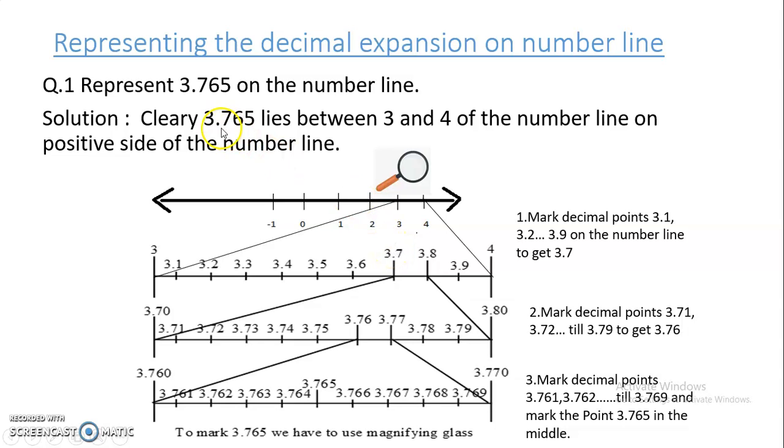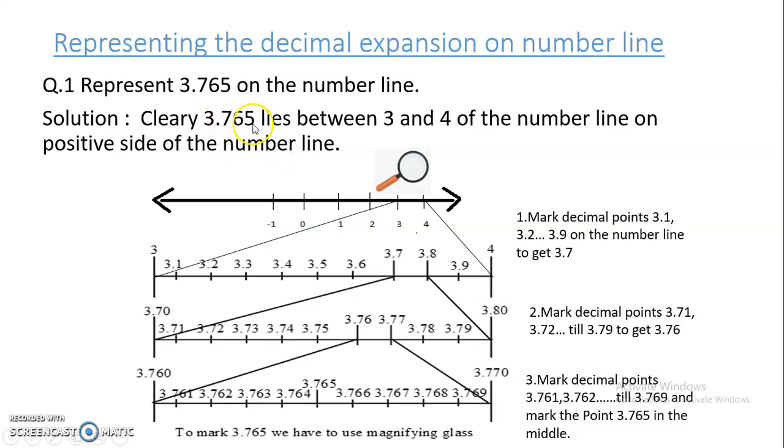Now again you can see the next number is 3.76, and 3.76 will lie between 3.7 and 3.8. With the magnifying glass you divide it again into 10 units, that is 3.71, 3.72, 3.73, 3.74, 3.75, 3.76, 3.77, 3.78, 3.79 and 3.8, because 3.76 will lie between 3.7 and 3.8.